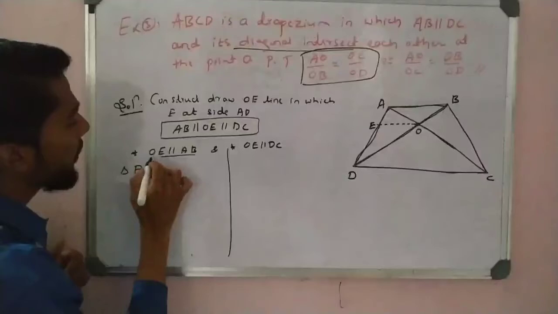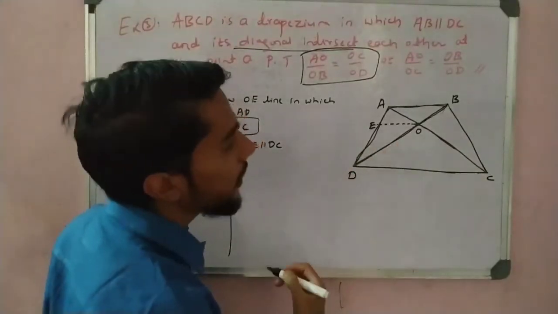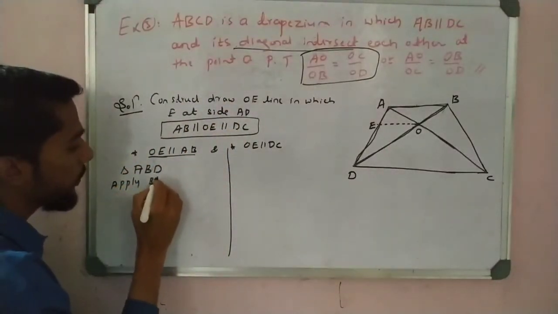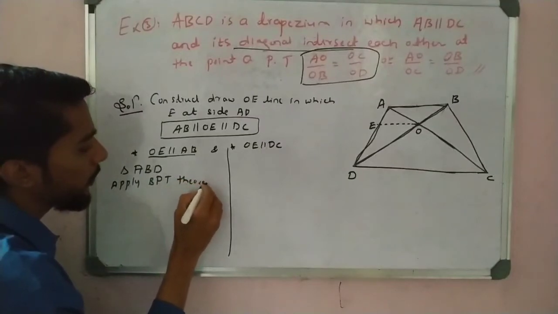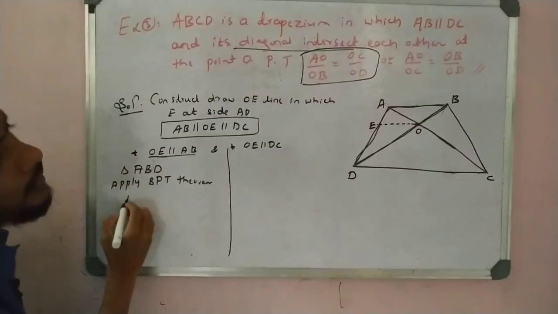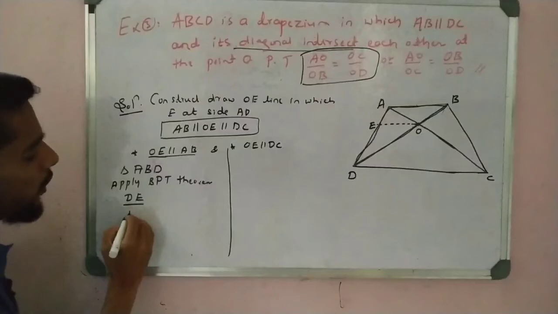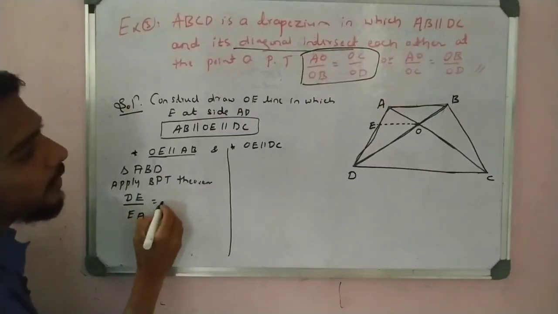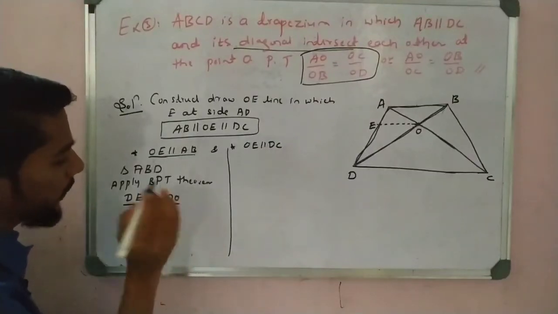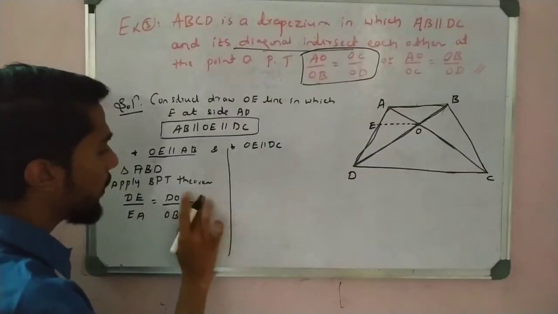Now if I selected this, therefore apply the BPT theorem. By BPT theorem, DE by EA is equal to DO by OB, correct? No problem. This is taken as equation number 1.